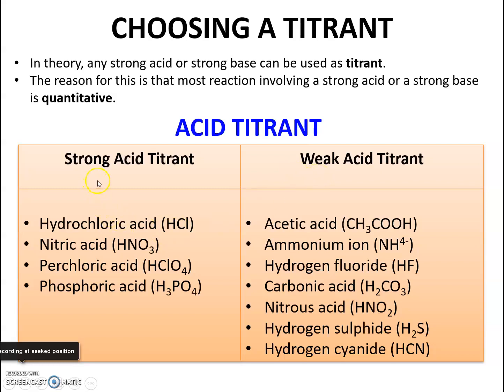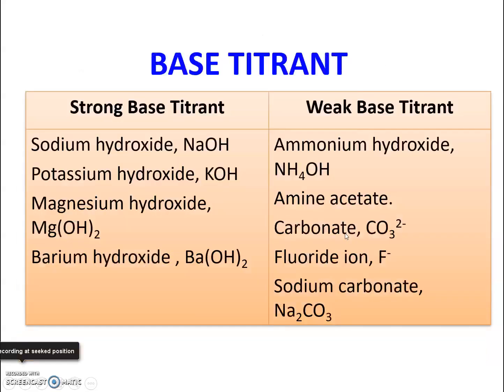Examples of strong acid titrants are hydrochloric acid, nitric acid, perchloric acid, and phosphoric acid. Weak acids, for example, are acetic acid, ammonium ion, and so on.